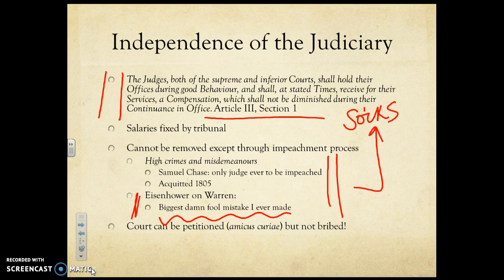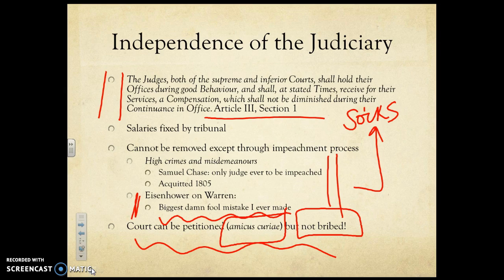Now, the only other thing that I will mention about independence before we go on is this. The court can be petitioned by pressure groups. You can submit an amicus brief. Amicus curiae, friend of the court. You can submit a brief, but that doesn't mean that you're actually going to be influencing that judge. You cannot attempt to influence them any more than just by presenting an argument.